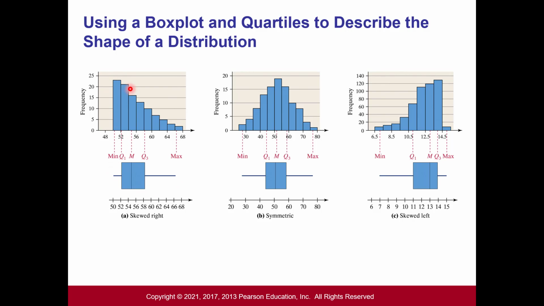When your histogram would be skewed right, so is your box plot in terms of the whisker. This whisker on the right side is much longer. Over here, if your data is skewed left, the box plot whisker on the left is much longer. And then if your data is symmetric, then the whiskers are about equal on both sides.